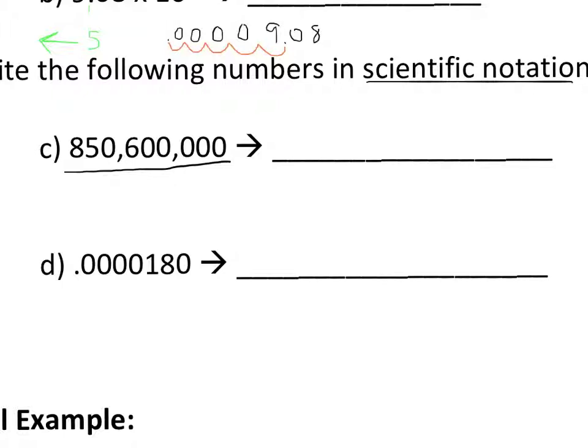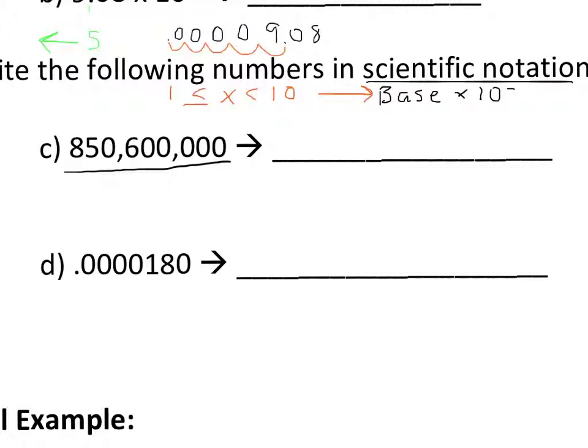In scientific notation, you always have your base number multiplied by 10 with your exponent. Now the base number, which I will call x, has to be less than 10 and greater than or equal to 1.